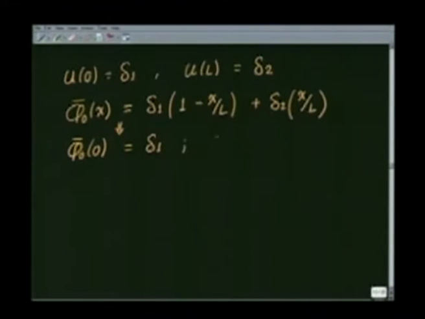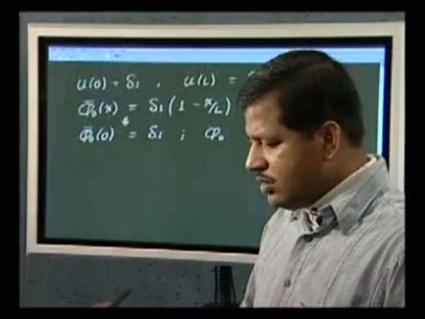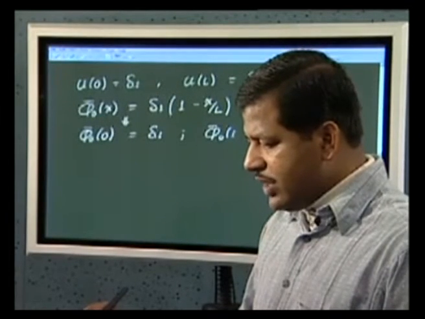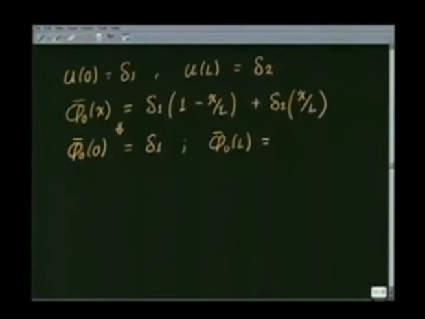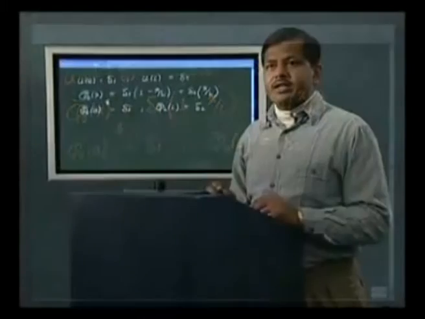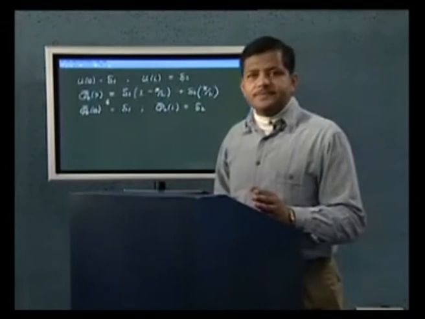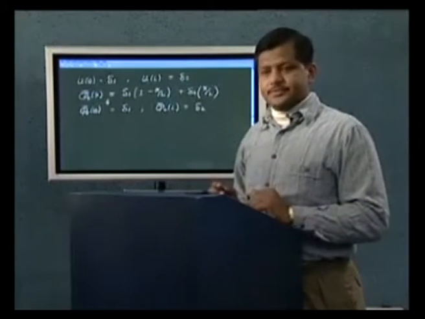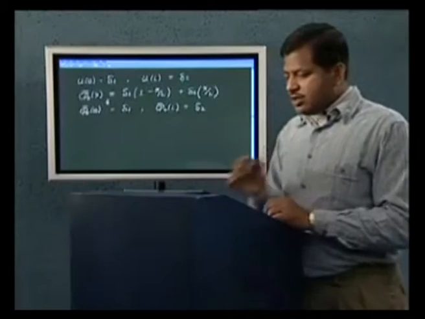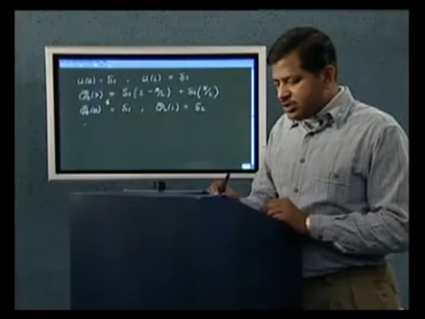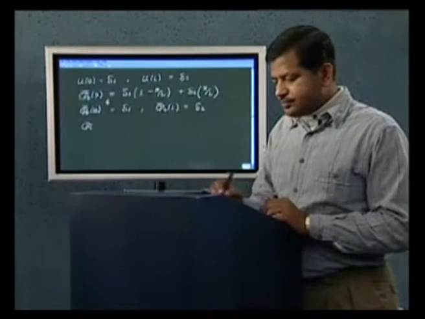And phi 0 bar at x equal to L: if you substitute, then this expression is going to go to 0 and what we are going to get here is 1. So this will be equal to delta 2. So phi 0 bar satisfies the given geometric constraints exactly at the 2 points. Now then the question is, how do I choose the remaining phi i's?